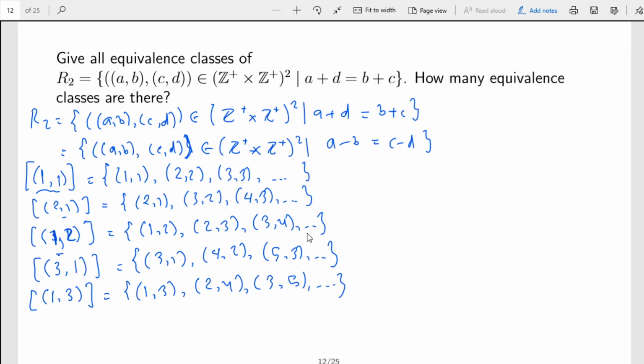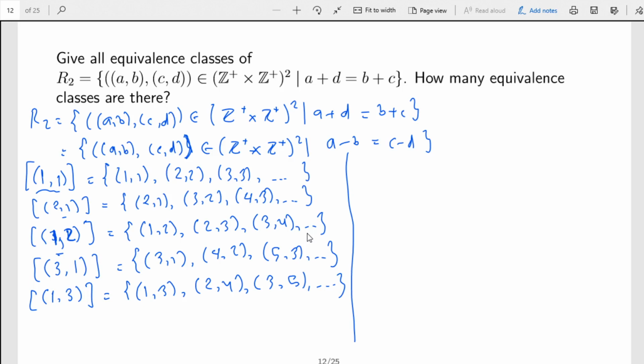So you consider every difference of two positive integers, and you create an equivalence class of them.